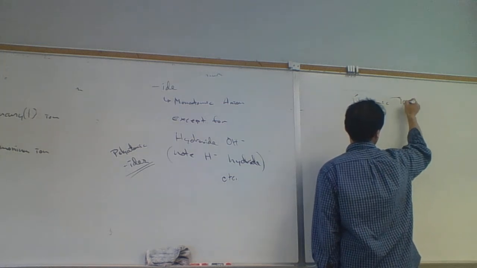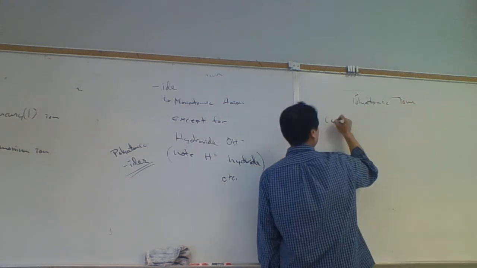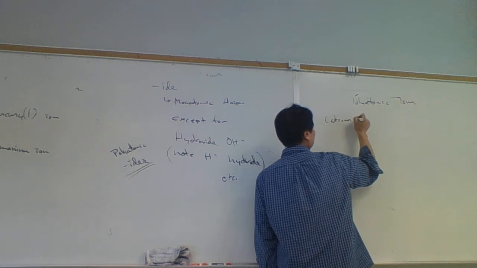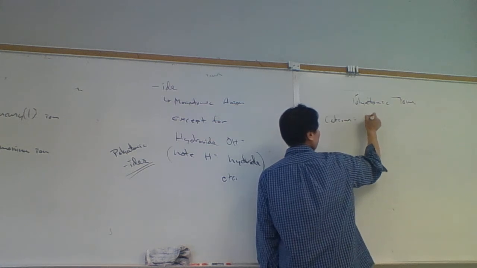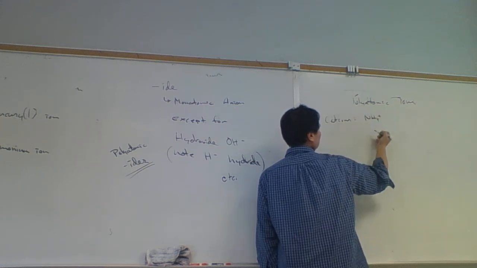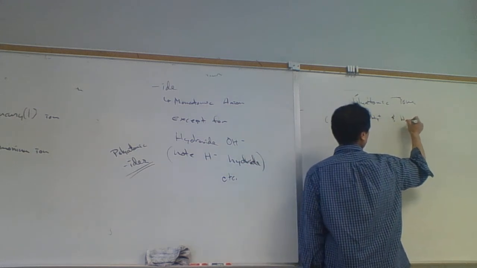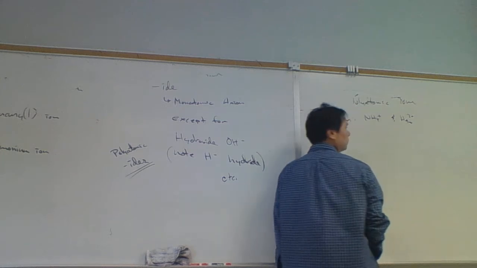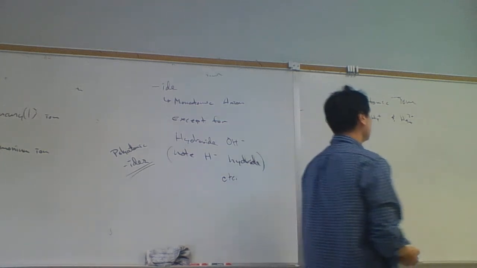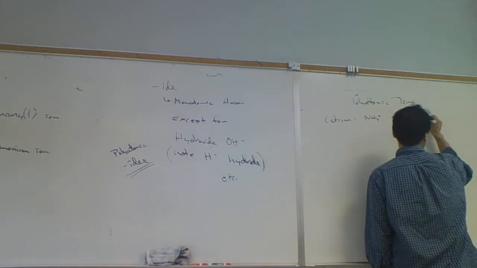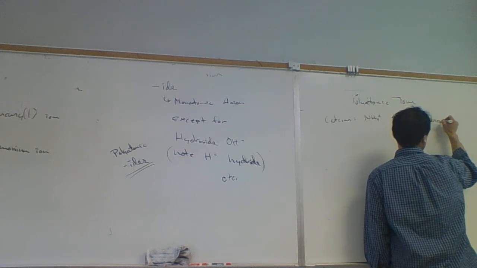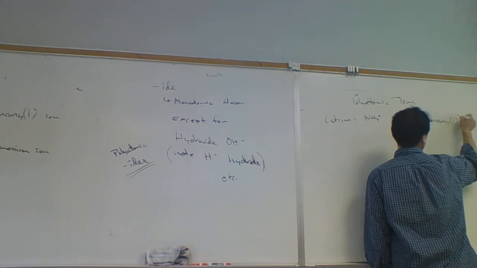Polyatomic ions. For the cations, it's easy because we have so few. What are they? NH4 plus, which we call ammonium, and Hg2 2+, which we call mercury(I).